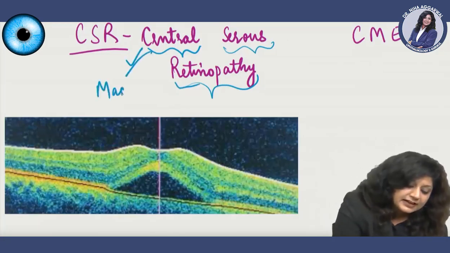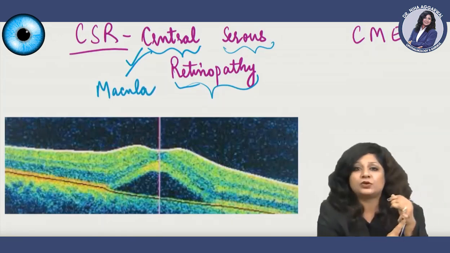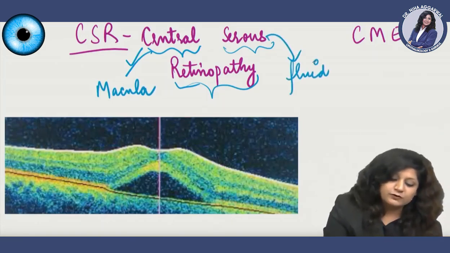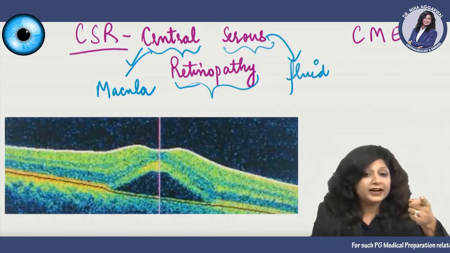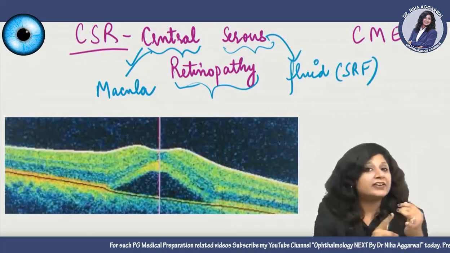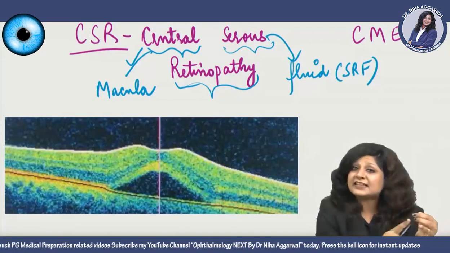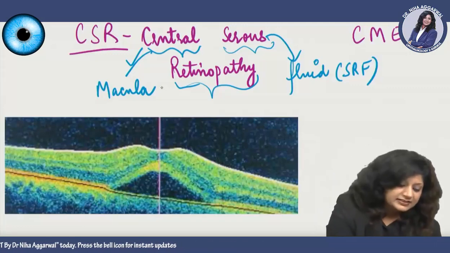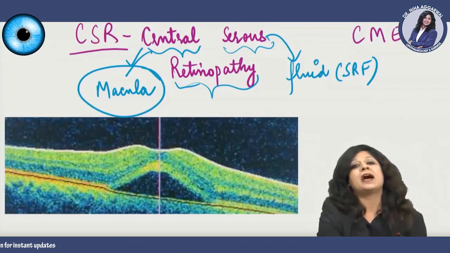So basically it is involving the macula. Serous means fluid. So it is also involving the fluid. Which fluid? The subretinal fluid. So now I can say that it's a retinopathy which involves the center of the retina, and the center of the retina is actually the macula.